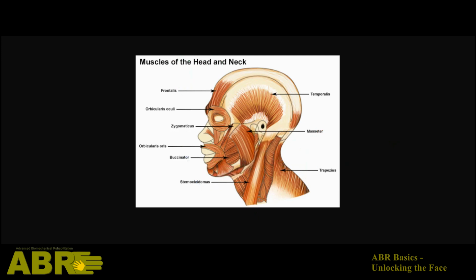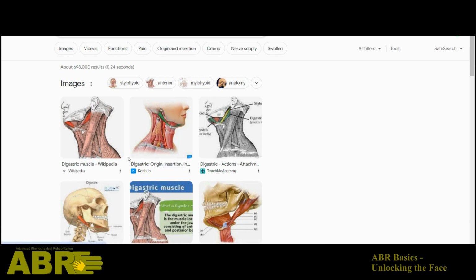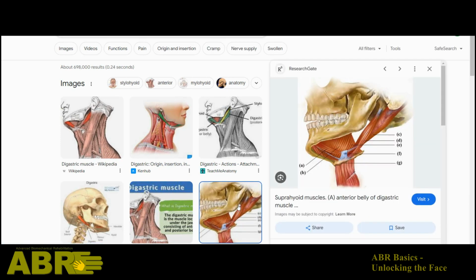I mentioned this many times, but let's just illustrate it once again. There is a digastric muscle, which is the one here that is showing you the link where the connection goes towards the skull.